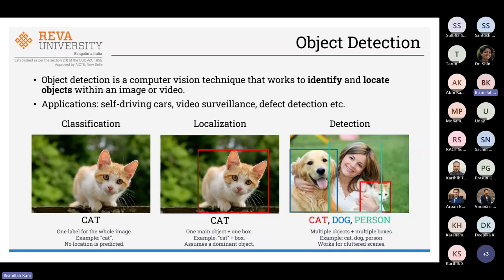But with just image classification, we cannot solve some of the practical problems. Take, for example, self-driving cars. Is it enough to just tell there are pedestrians, there are trees, there are cars? It is not enough, right? We cannot build a self-driving car just with image classification. What information is required is to not only say what object is present, but tell me where these objects are.